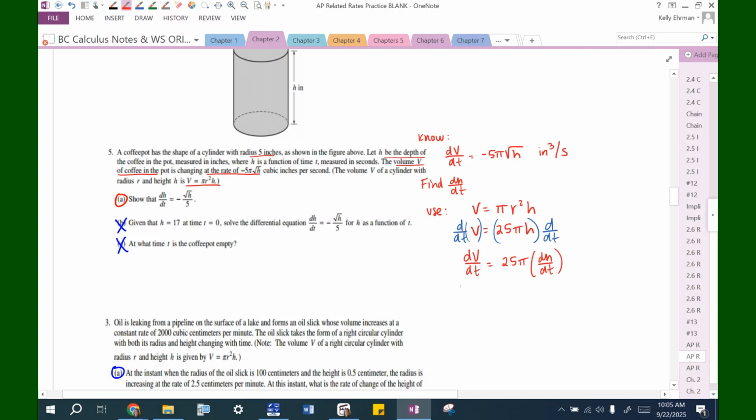Remember, they gave us dV/dt is negative 5 pi radical h. And we're just supposed to show that dh/dt equals negative radical h over 5. So I'm going to show my division here. And then I can say, yeah, this simplifies. Negative 5 over 25 is negative radical h over 5 for dh/dt.